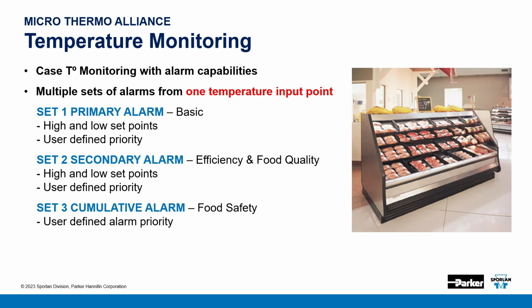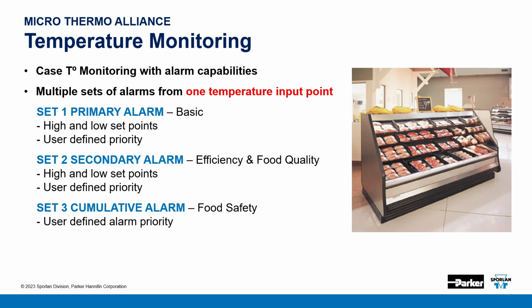So with Microthermo, we do something that I think is ingenious. We allow you to have 3 types of alarm from one temperature input point. Set 1 is the primary alarm or your basic alarm that gives you a high and low set point for set number 1 and a user-defined priority.